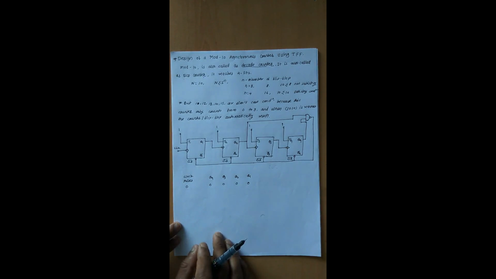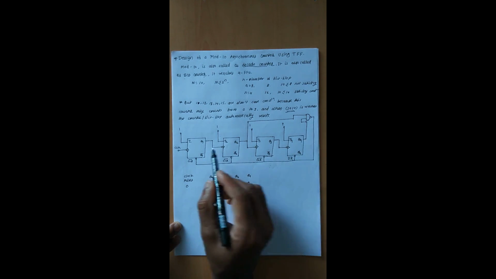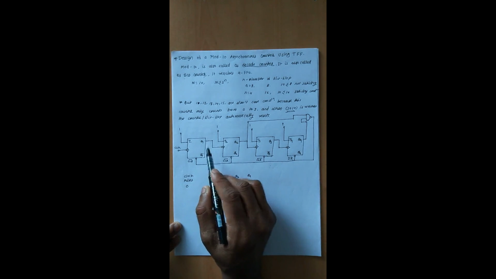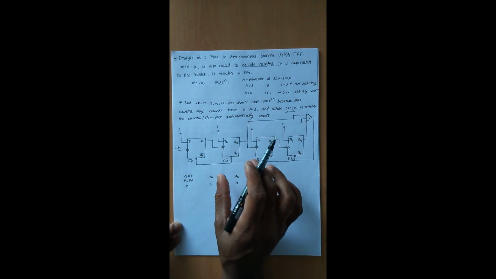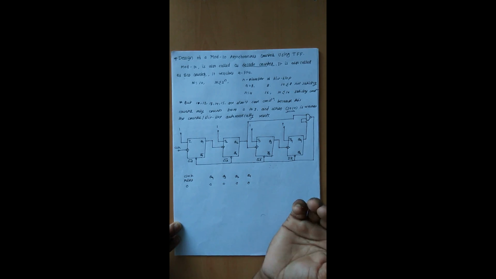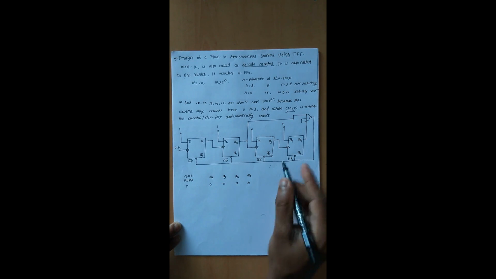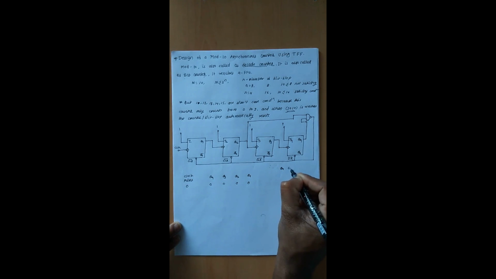That's why we consider this as an example. Before starting, we have to know that we are going to study modulus 10, which counts from 0 to 9, and when 1010 is reached, when all the contents of the flip-flops are 1010, then the counter or flip-flops automatically reset. That's why we want to design such a logic. So Q4, Q3, Q2, Q1. 1010 is nothing but 10.